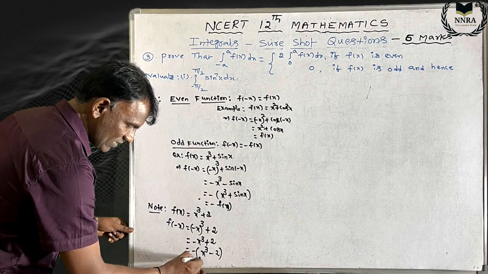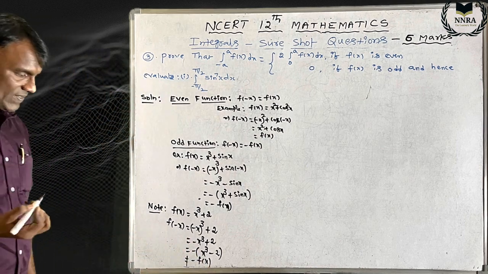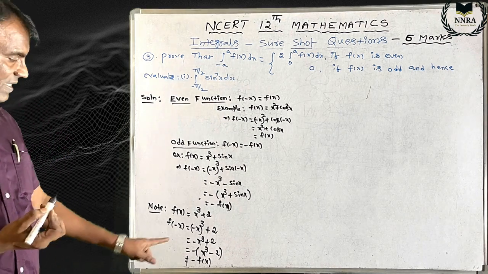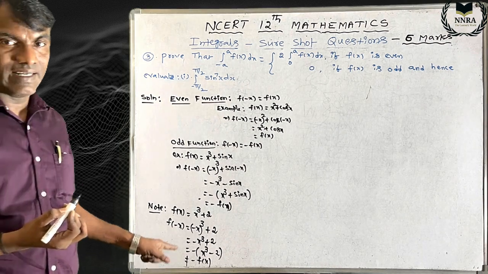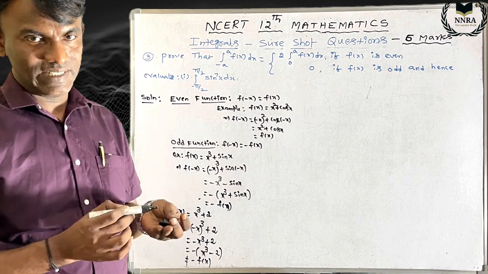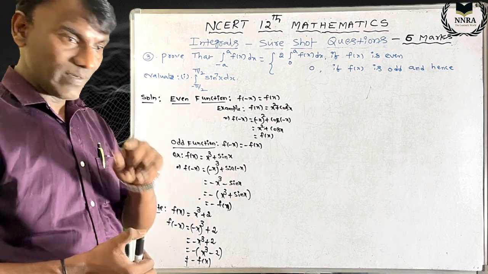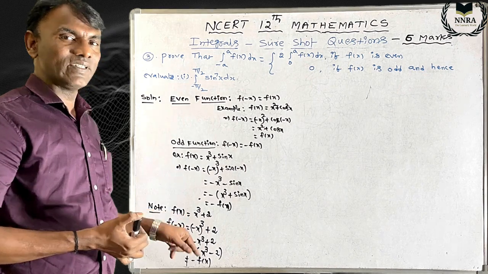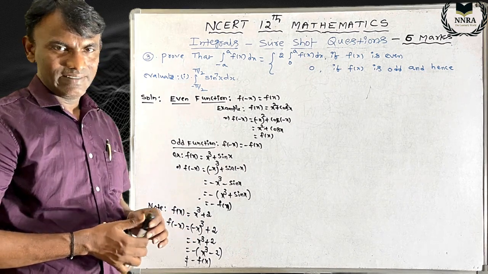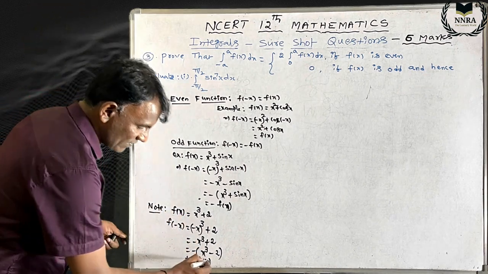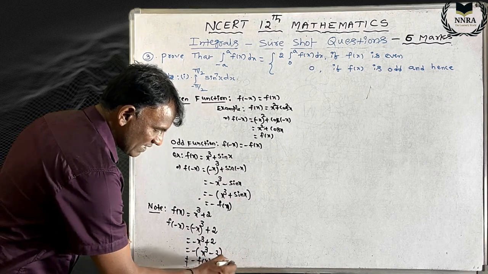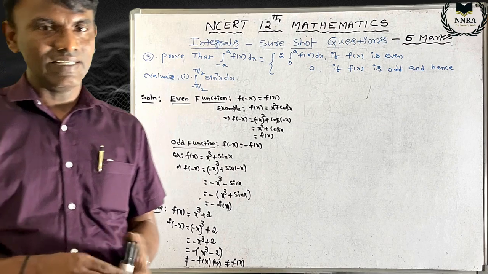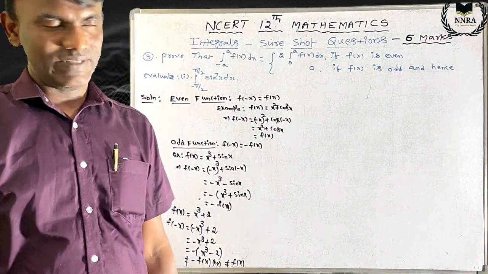But it is not equal to minus f of x, right? Or not equal to f of x also. So in this case, it is neither an even function nor an odd function. Got my point? But suppose if it is x square, then we get equal to f of x. So here f of minus x is not equal to f of x, and not equal to minus f of x also. Both conditions are not satisfied. Then it is neither an even nor an odd function.